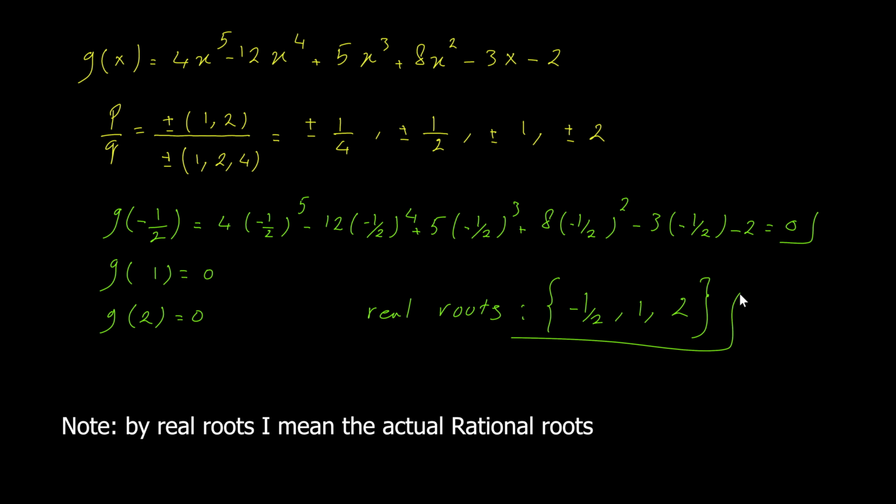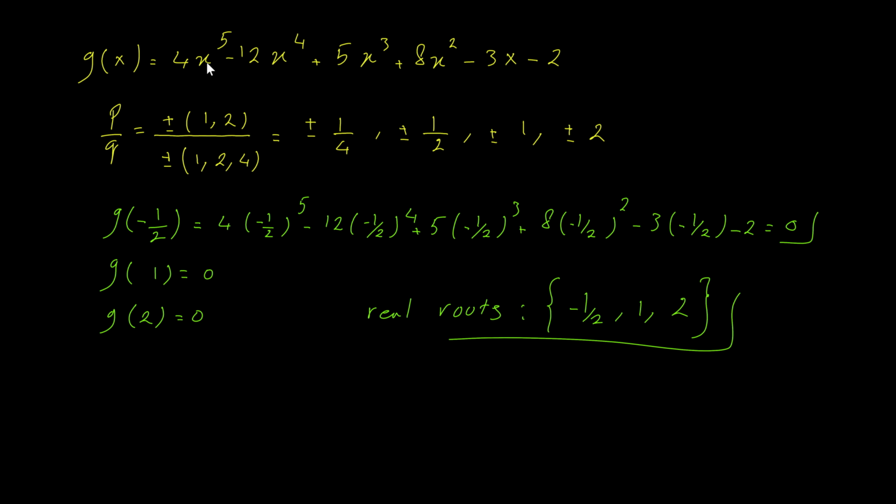That's good. But if you notice, we have a degree of 5, so we are going to have 5 roots for that polynomial. But we found only 3, which are the real roots. That means it's going to have 2 possibly irrational roots.